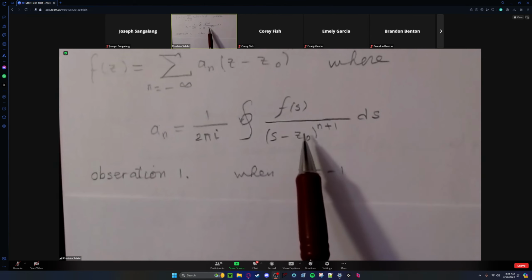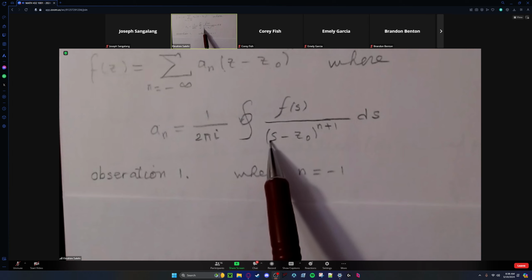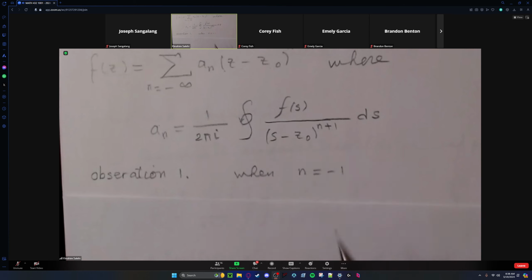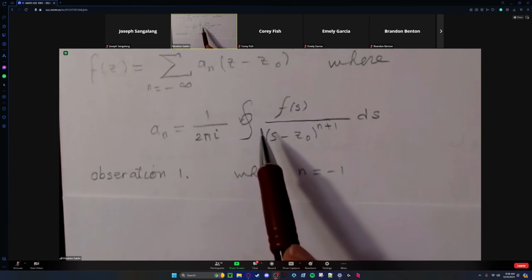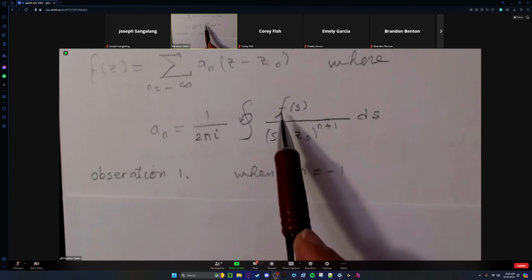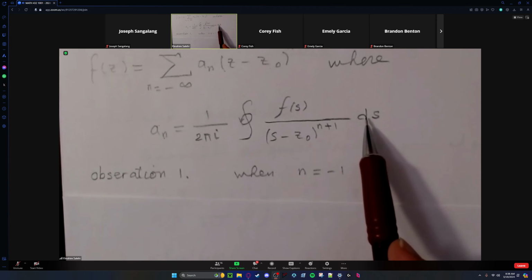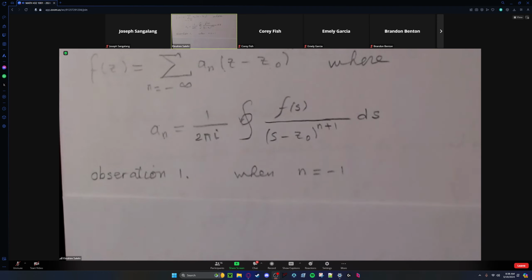If n is -1, the denominator will be this to the power 0, the exponent is 0, and that's 1. So it will be just the integral of f(s) ds. And that is always what we are after, the integral of f(s) ds or f(z) dz over a circle, right?